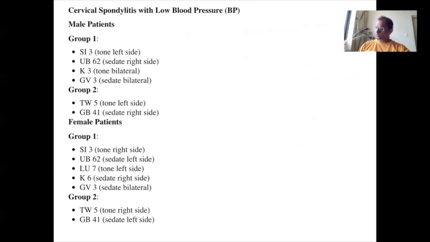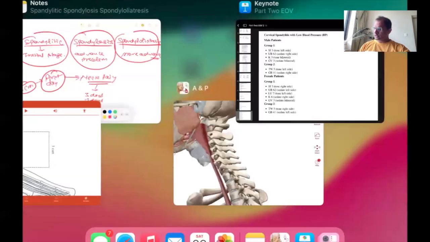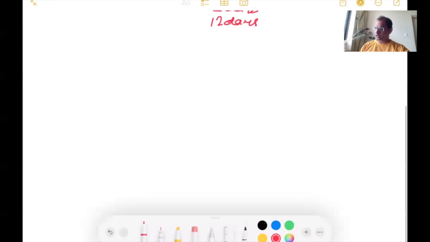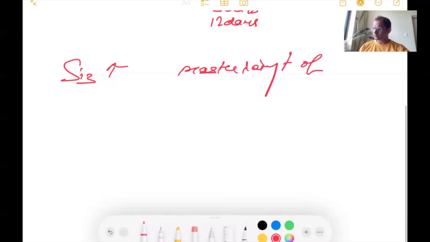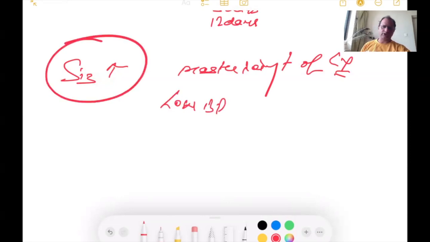So now, SI3 is the master point of the governing vessel. When the person is suffering with low BP, we will tonify SI3. SI3 is one of the great points for improving blood pressure, right?